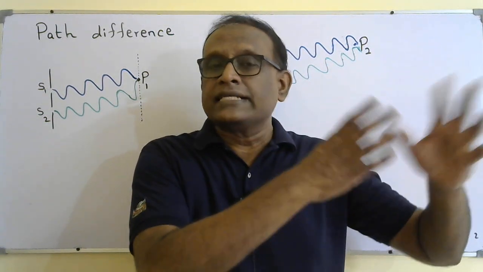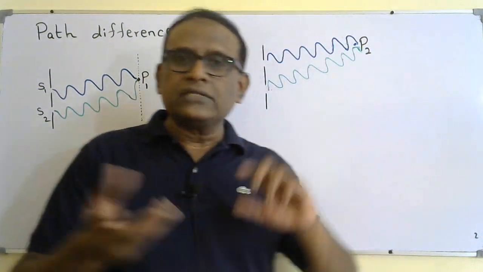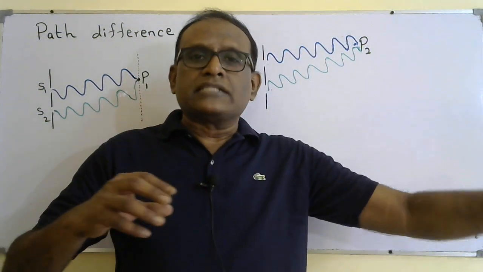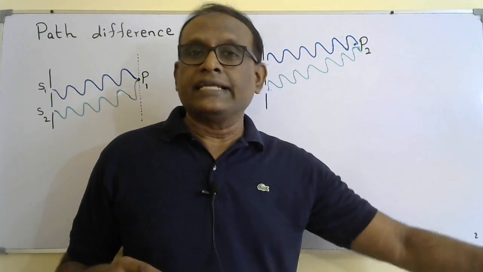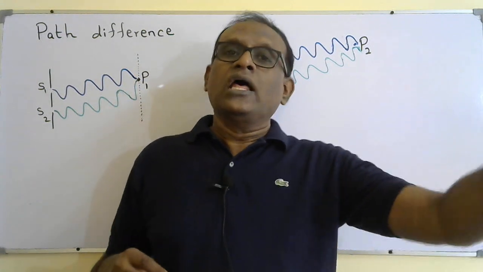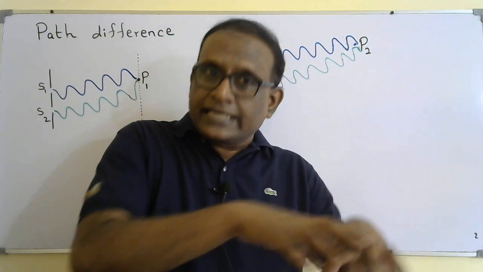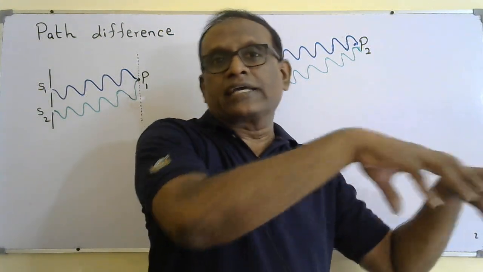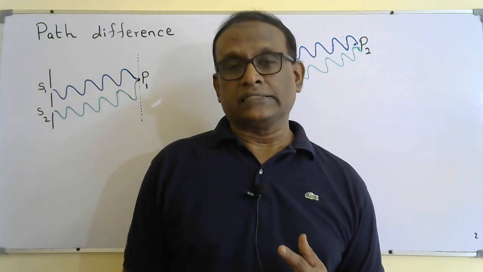Space means just a location, different locations. If you have two loudspeakers, as I told earlier, at different points you might hear a louder sound. At certain points you won't hear any sound. The louder sound is due to constructive superposition, and no sound is due to destructive superposition. Like that, at different locations in space, different types of superposition will occur.